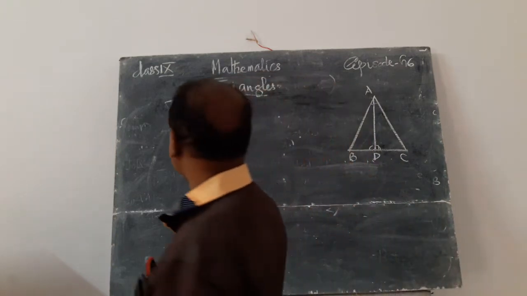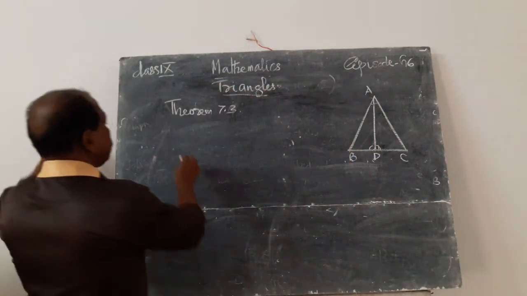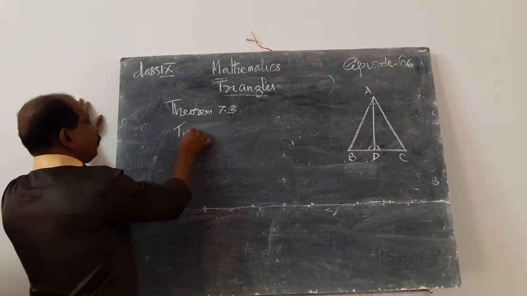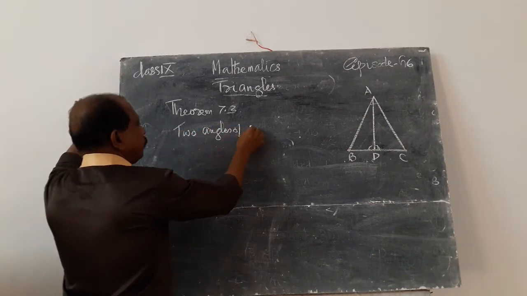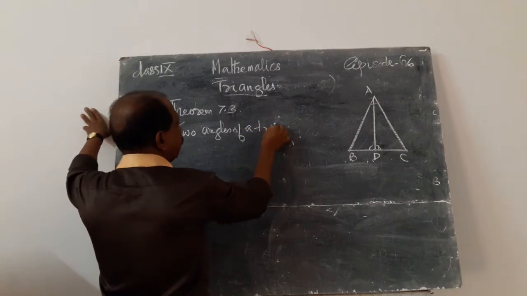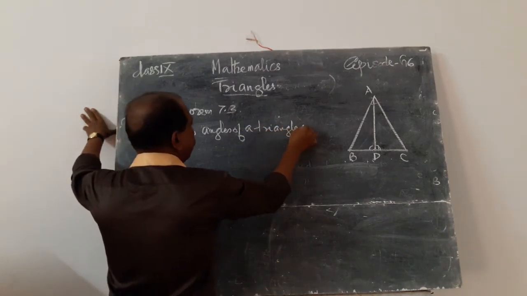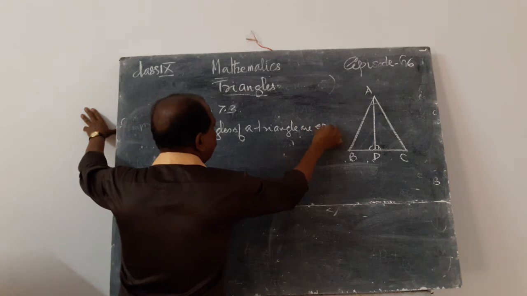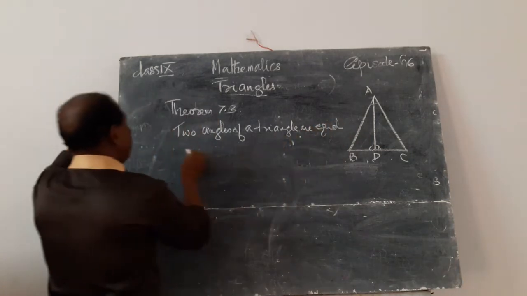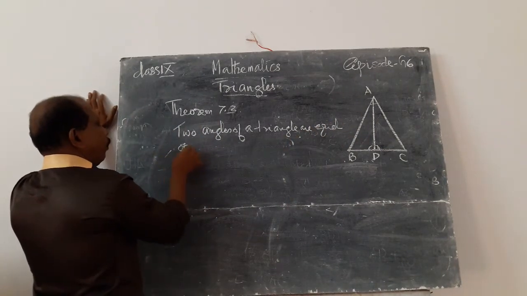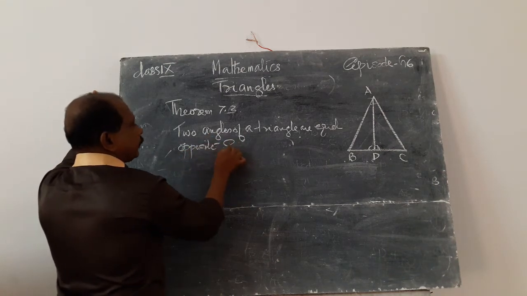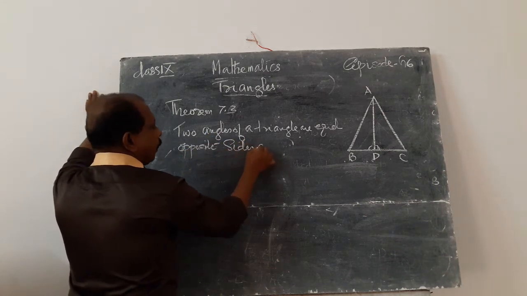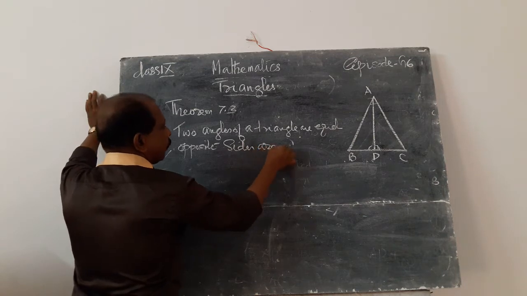That is the 7.2 theorem. That means two angles of a triangle are equal, and the opposite sides are equal.